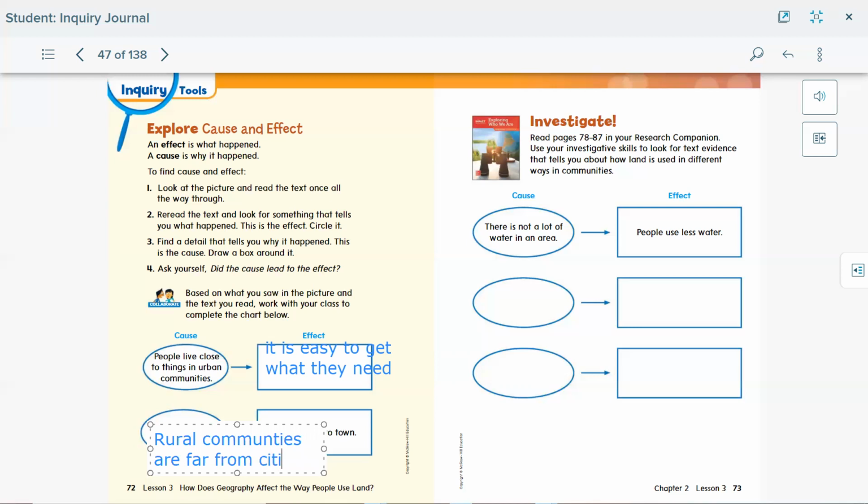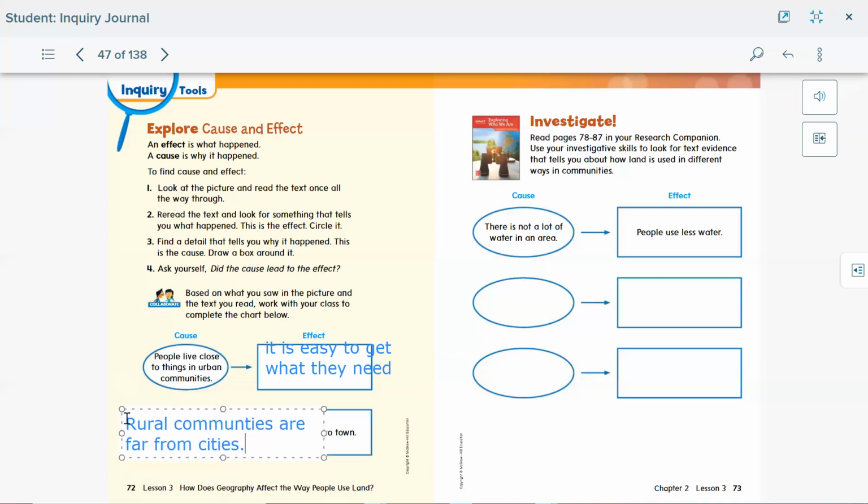So they need to drive a longer distance in order to do their shopping or to go to the movies, for example. So that was a cause, and we have the effect, people drive to town.